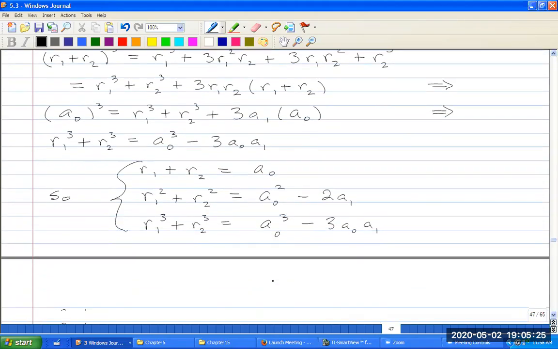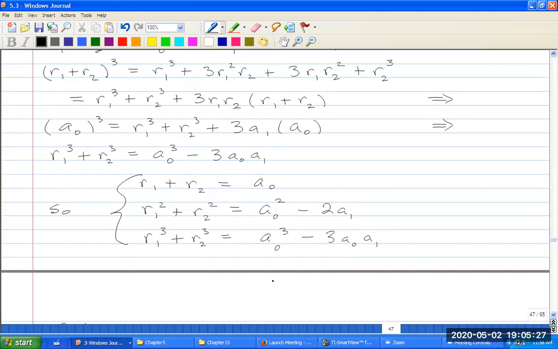So let's summarize what we've written here. The power sum relations: r1 plus r2 is a0. r1 squared plus r2 squared is a0 squared minus 2 a1. r1 cubed plus r2 cubed is a0 cubed minus 3 a0 a1.